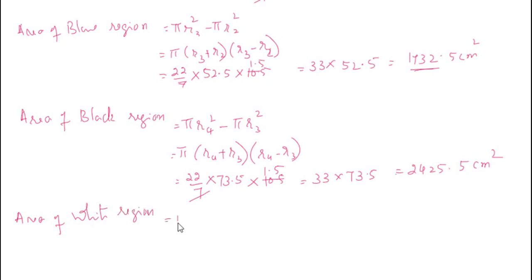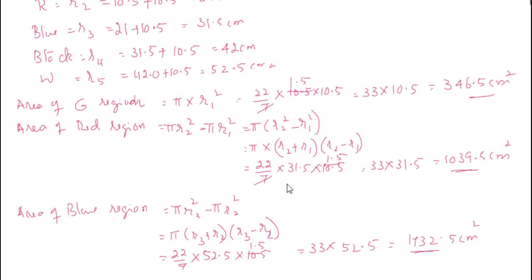The last one is area of white region. This is equal to pi r5 square minus r4 square. That is pi into r5 plus r4 into r5 minus r4. Pi is 22 divided by 7 into r5 plus r4.